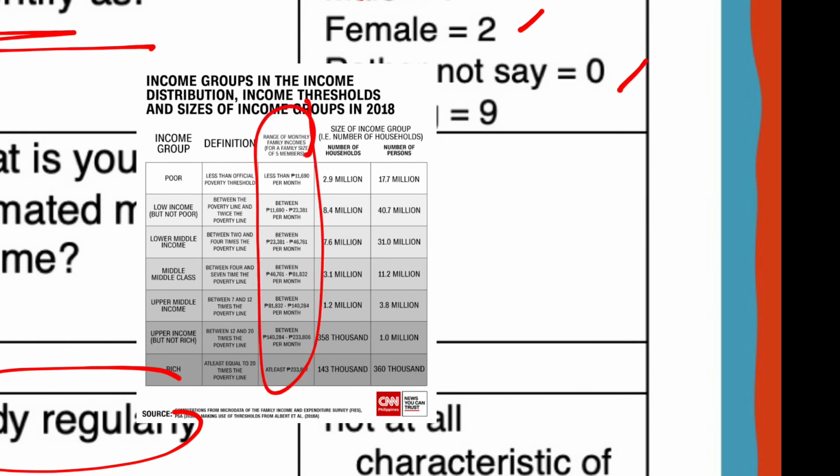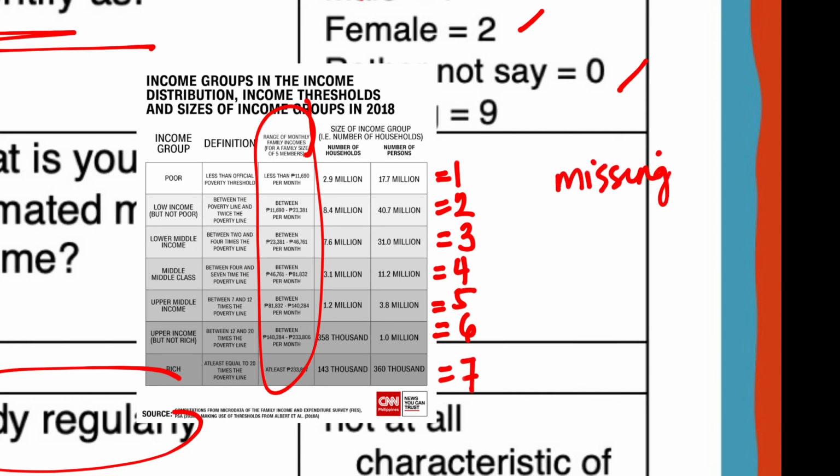So for the poorer ones, we have 1, 2, 3, 4, 5, 6, 7, and then for missing, you have 9. So this is another example of how you can do your coding for ordinal variables.